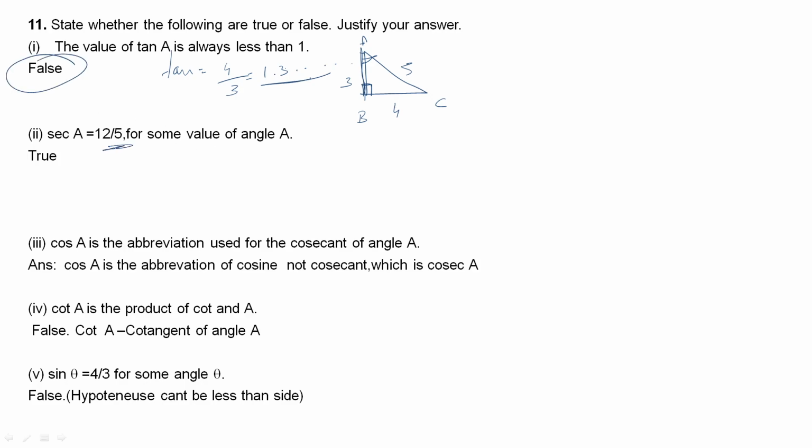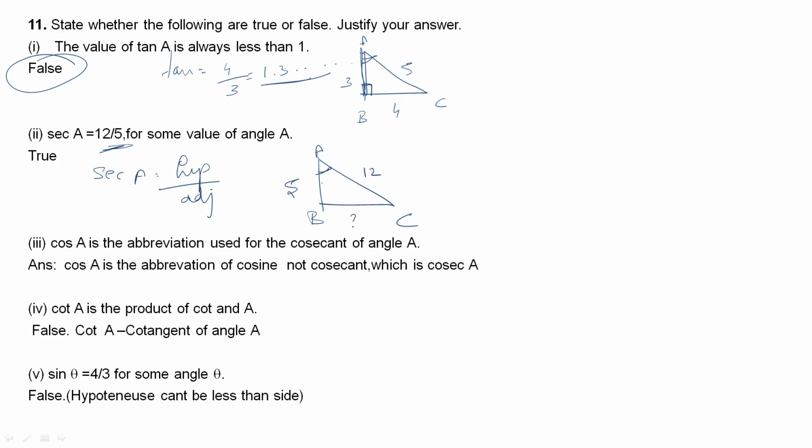Sec A is equal to 12 by 5 for some angle A. Suppose you are giving ABC, they have given sec A is equal to 12 by 5. So sec A is hypotenuse by adjacent, right? So the hypotenuse is given as 12 and adjacent is 5.